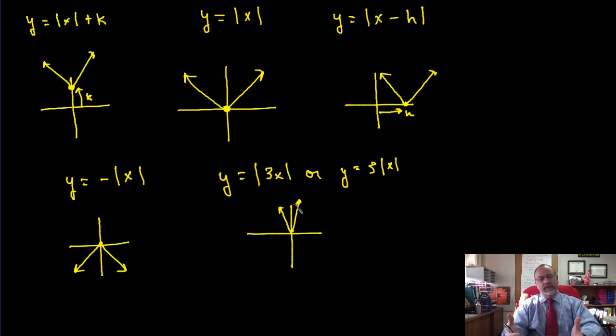So all we have to be able to do is look at the equation, get an idea of what the picture looks like, and then just move it right or left, up or down, reflect it, or stretch or shrink it. Now again, earlier this year we looked at linear equations. As soon as I see something like this, my mental picture should be, okay, that's a line, it goes through the origin.